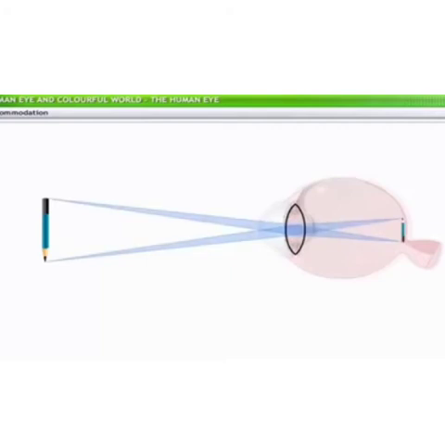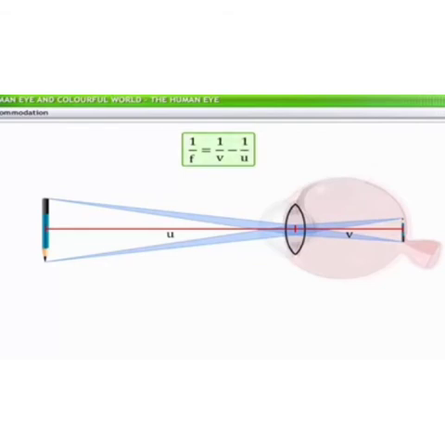Remember the relation between the object distance u, image distance v, and focal length f of a lens? Let's refresh your memory. The relation between the object distance u, image distance v, and focal length f is represented by the expression 1 divided by f is equal to 1 divided by v minus 1 divided by u.